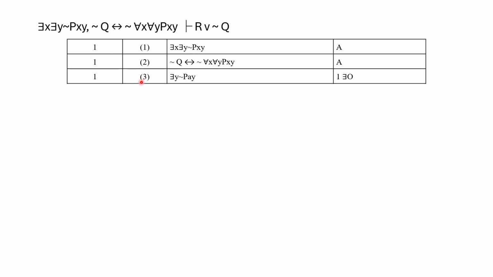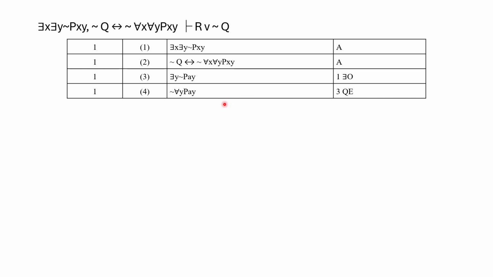First thing we can do: existential quantifier, that's our main operator here on the outside, so we can do EY tilde PAY with our existential out rule. Next thing we want to do is our quantifier exchange rule. We want to move this tilde across to get tilde AY PAY.